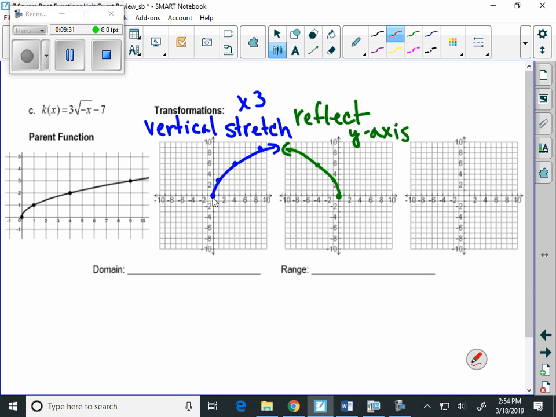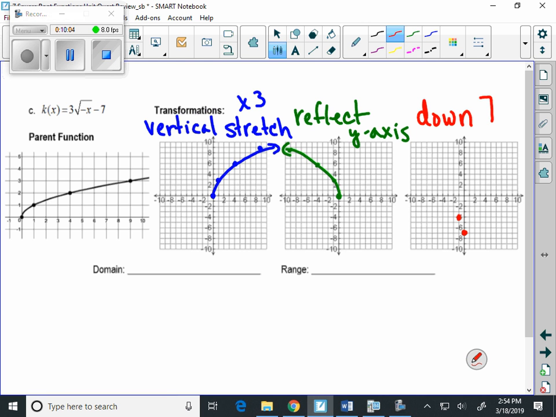We have one more transformation, and that is minus 7. So this means that we're going to go down 7 on the graph. So (0, 0) is no longer going to be a point. We're going to move this down 7, to (0, -7). Then (-1, 3) moves down 7, so we're going to be at (-1, -4).